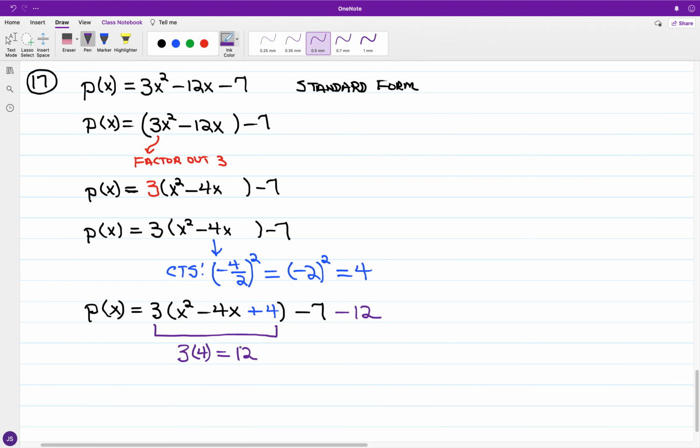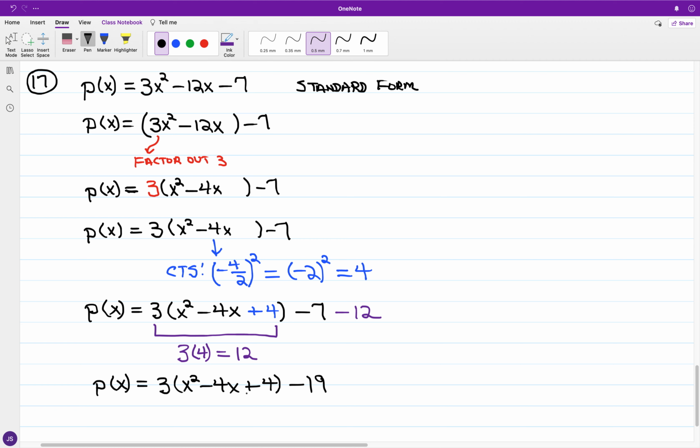So adding 12 at the front and keeping it in balance with subtracting 12 at the back. And so we have p of x is equal to 3 times the quantity x squared minus 4x plus 4, and -7 minus 12, this will become -19.